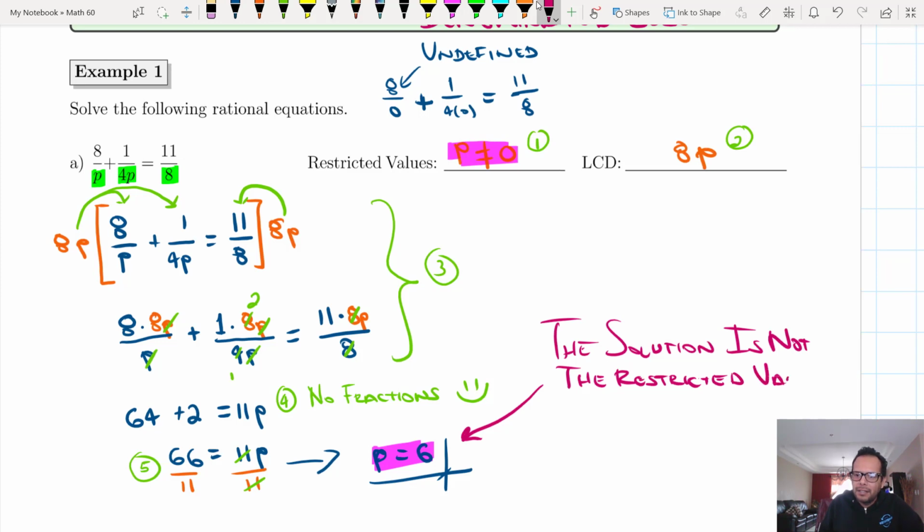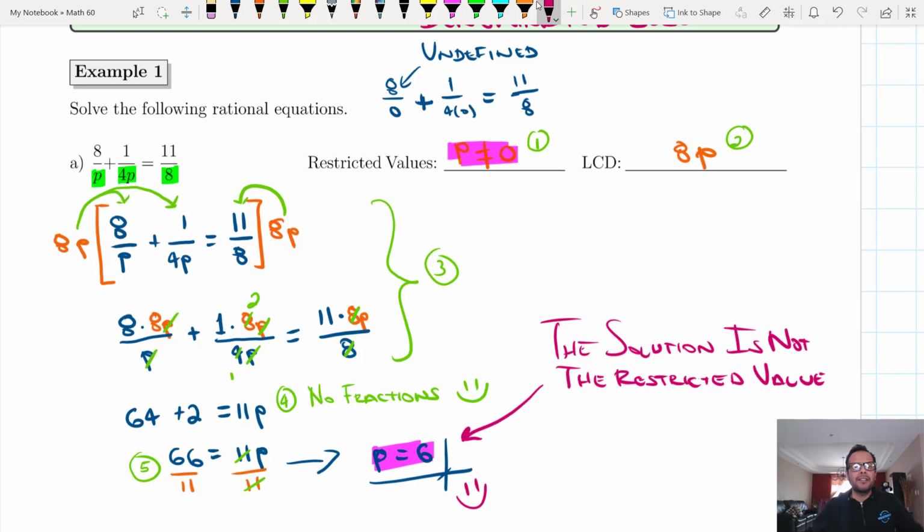Because the solution is not the restricted value, this is an okay solution. So that is the solution to our first example in rational equations.